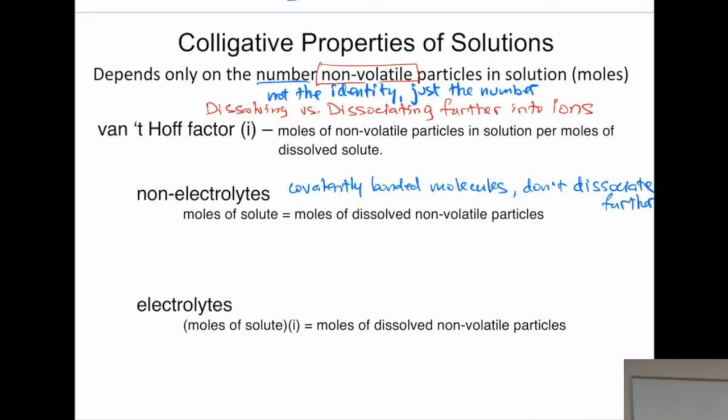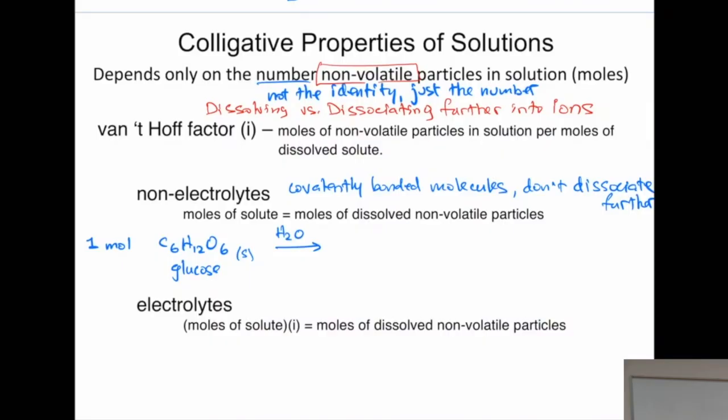So the classic example we like to use for this is glucose. C6H12O6, that's glucose for all of you biology majors out there. If I take 1 mole of glucose, solid, and I put it in water, it will dissolve. It's not table sugar, but it's like table sugar. That's sucrose. But glucose, you put it in water, it's going to dissolve.